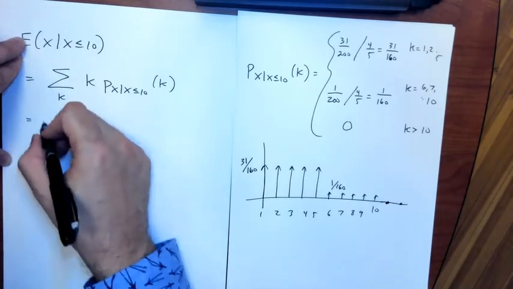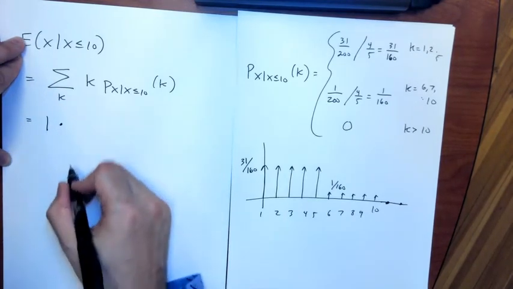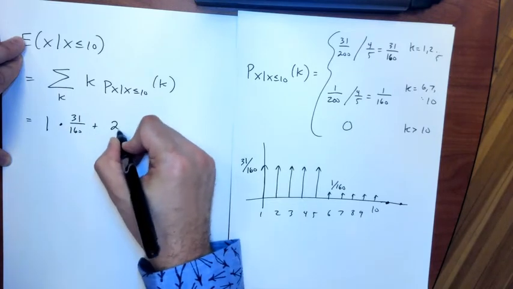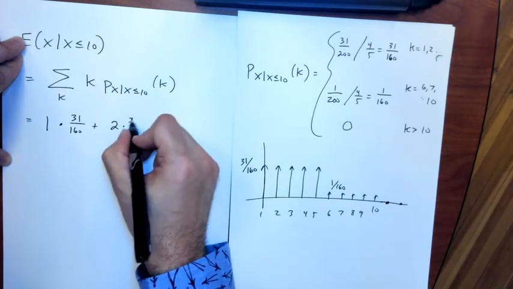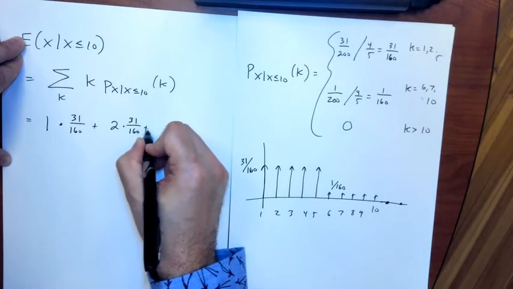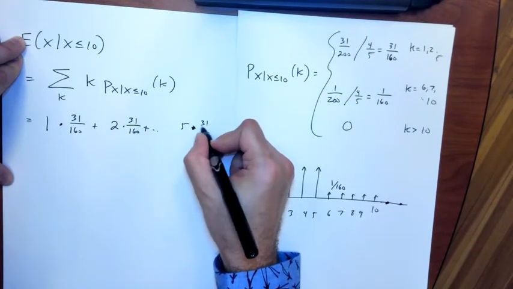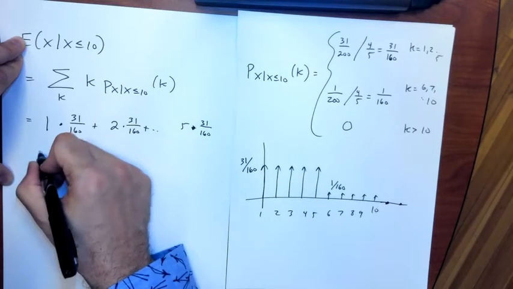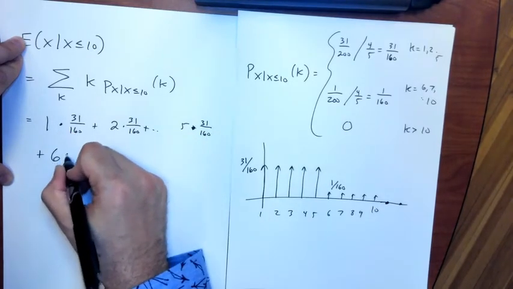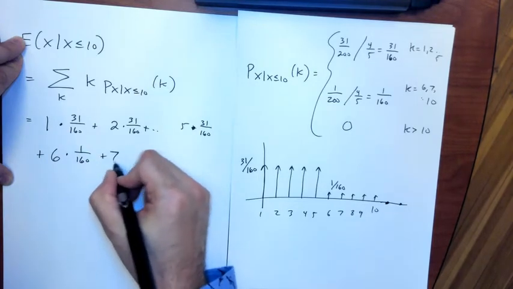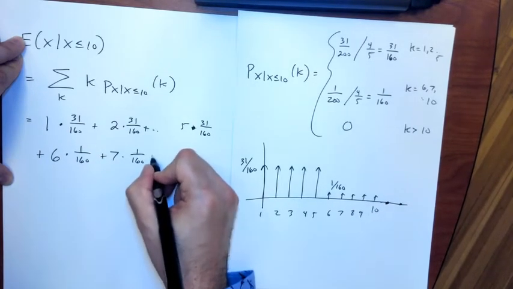So it's like saying I have 1 times the probability of getting 1 is 31 over 160, plus 2 times the probability of getting 2 is also 31 over 160. So I have 5 of those probabilities, and then I have 6 times the probability of getting 6 is 1 over 160, and 7 times the probability of getting 7, and so on.